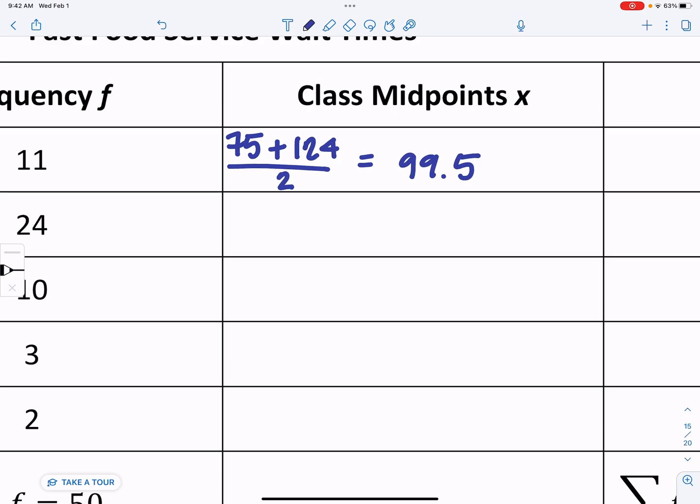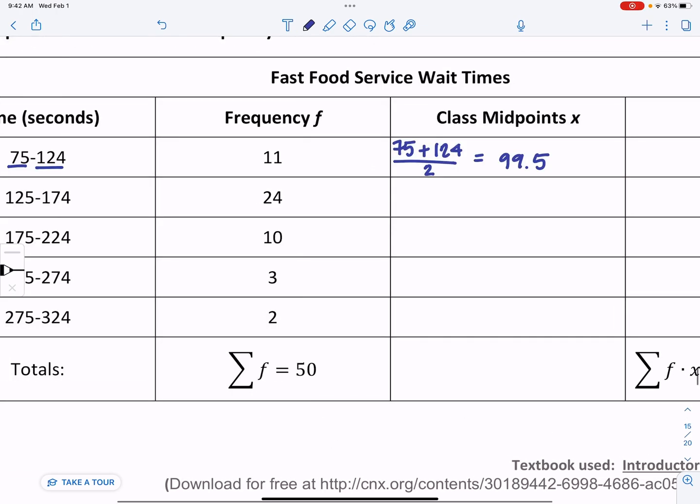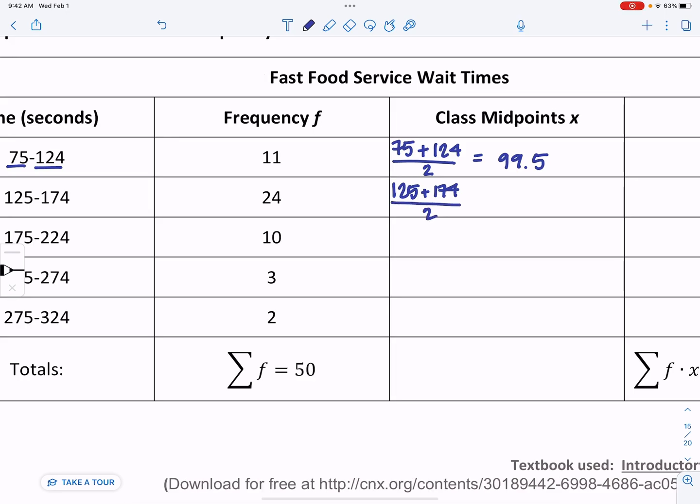I'm going to go ahead and find the rest of my class midpoints. Now I should say you have 2 different ways to do it. You can keep going. You could do 125 plus 174 divided by 2, and you could calculate that all the way down.